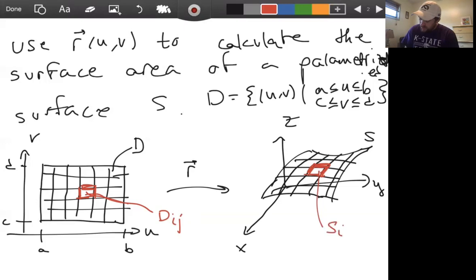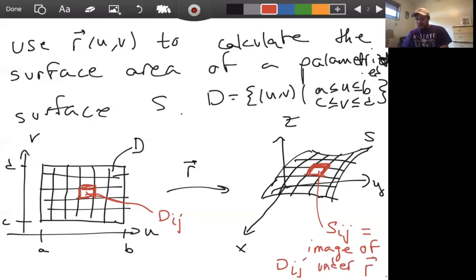So the Sijs here are, we've now kind of sectioned our surface. You can think about overlapping a grid over the surface, and then you're looking at each little piece of the grid, right? This is the image of Dij under the function r.